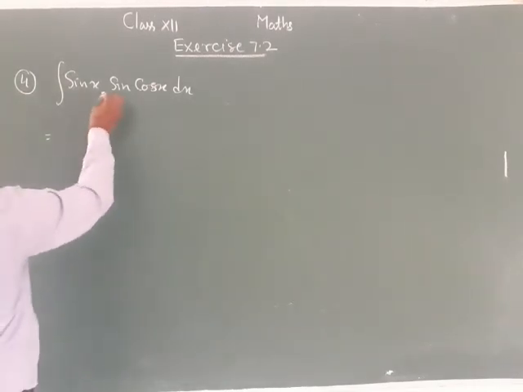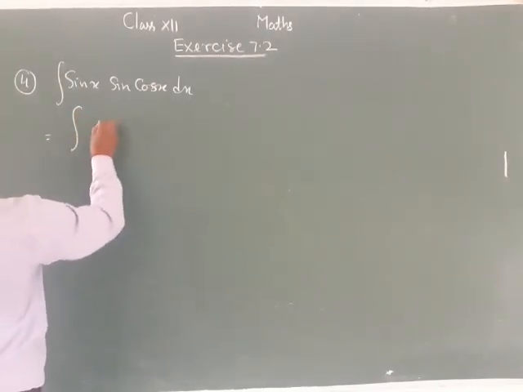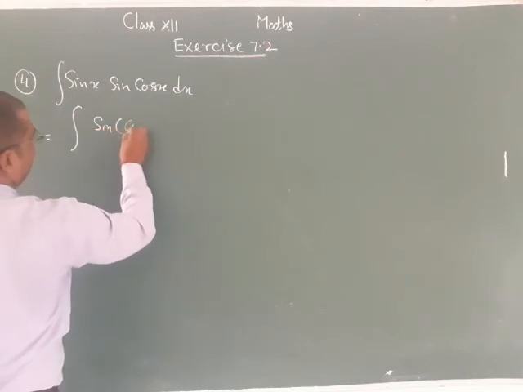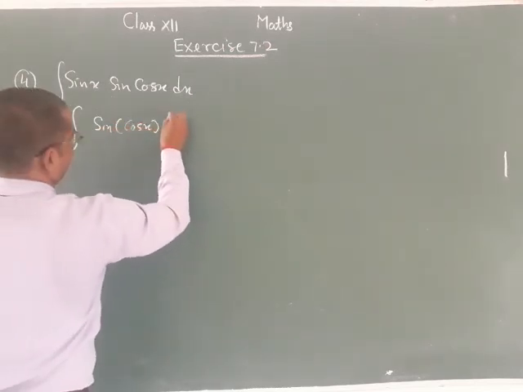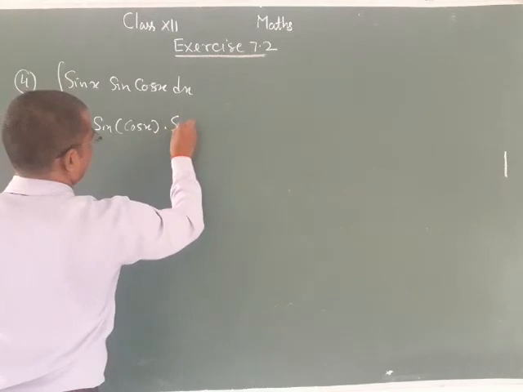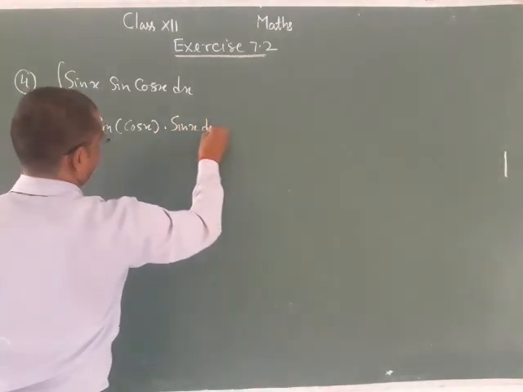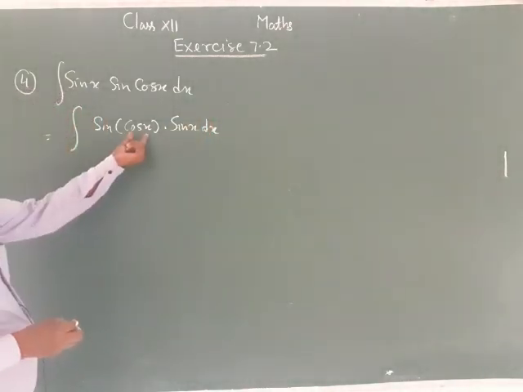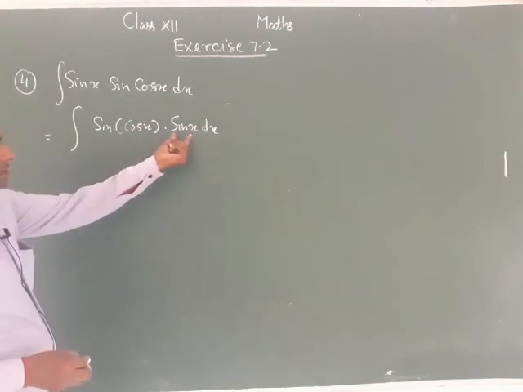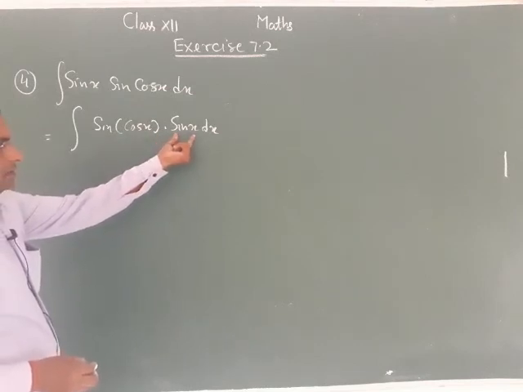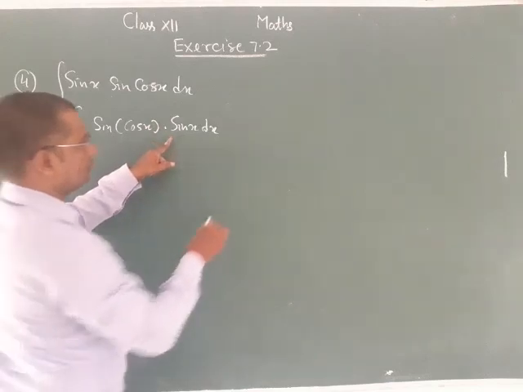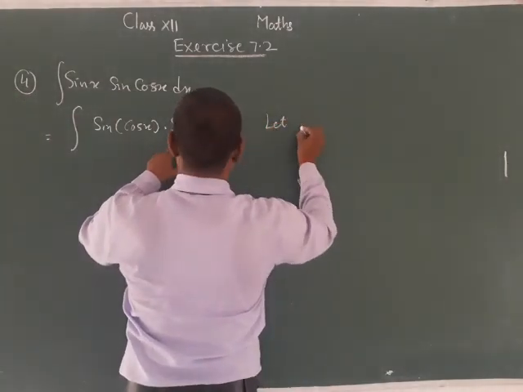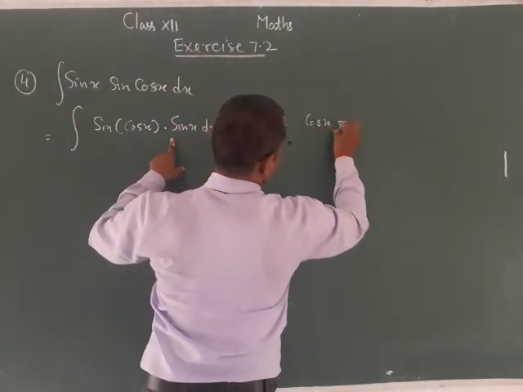Now we can write the integral of sin(cos x) into sin x dx. Since the derivative of cos x is involved, put cos x equal to t.